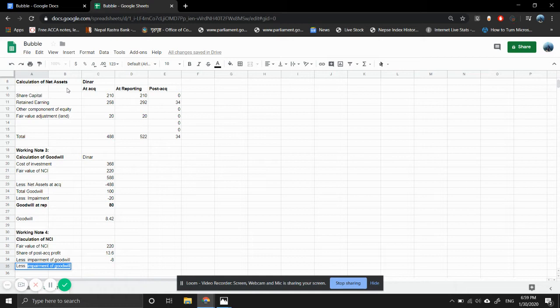So translation, I don't know if it will be loss or not, but it will be translation of goodwill. It could be add as well. Translation of assets.